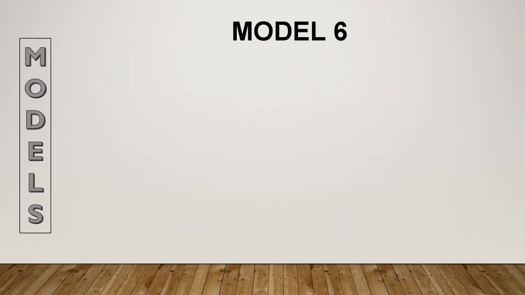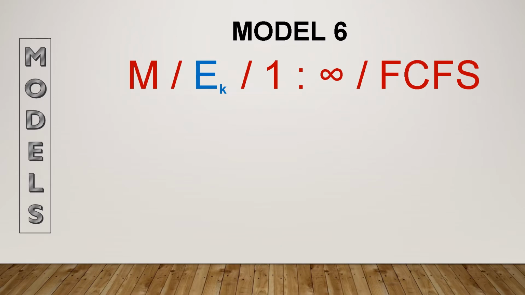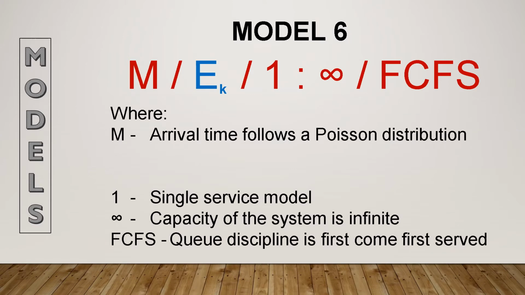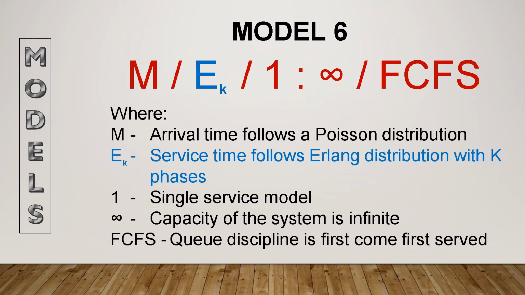Sixth model. Same thing with the fifth and the fourth model. It is the service time that differs from the previous models 1 to 3. E sub k here pertains to a service time that follows an Erlang distribution with k phases.